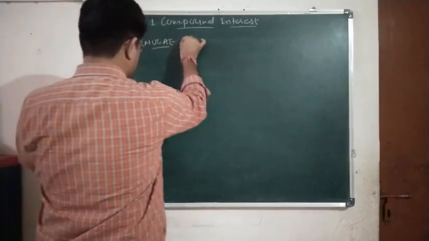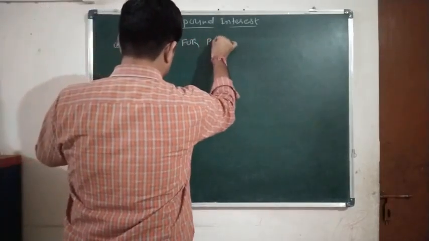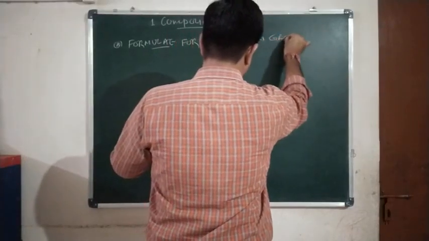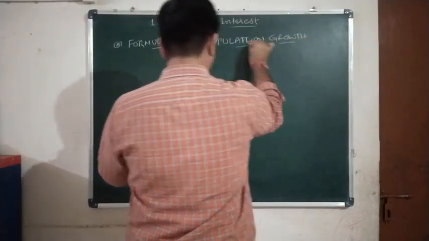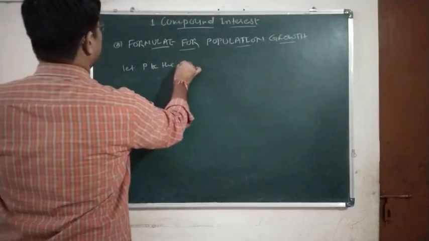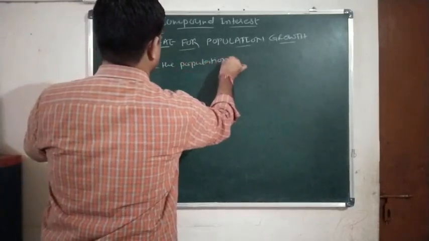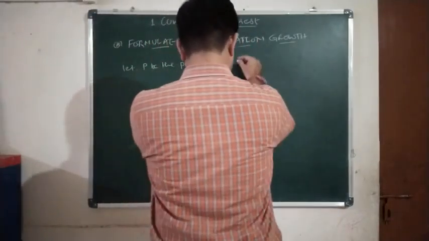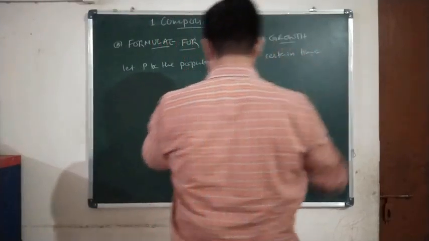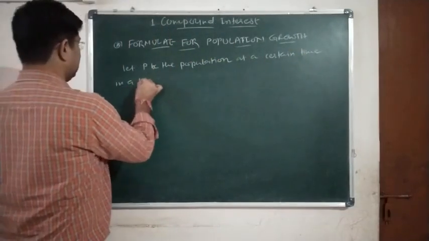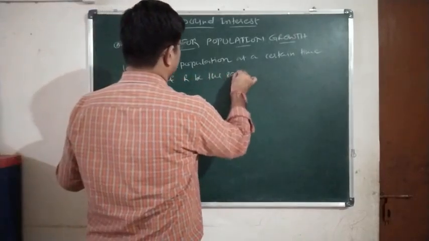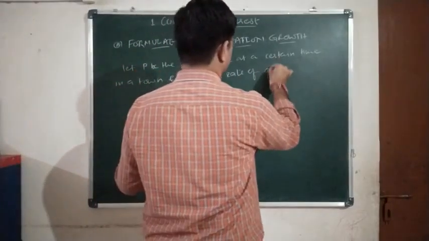Let P be the population at a certain time in a town and R be the rate of growth.